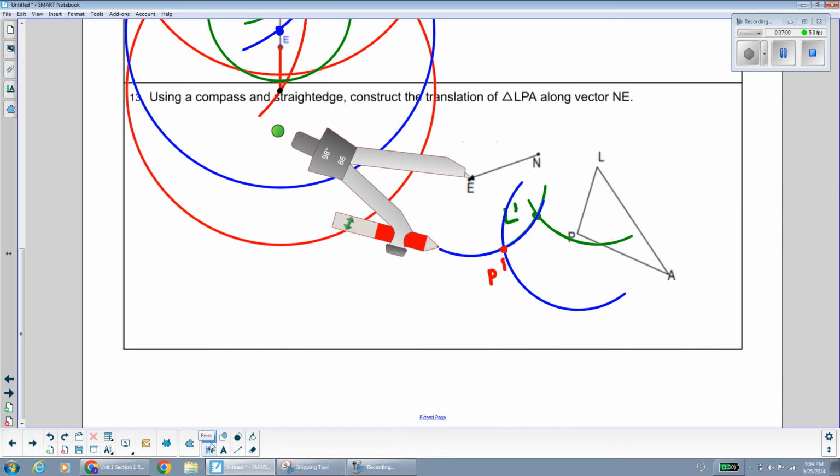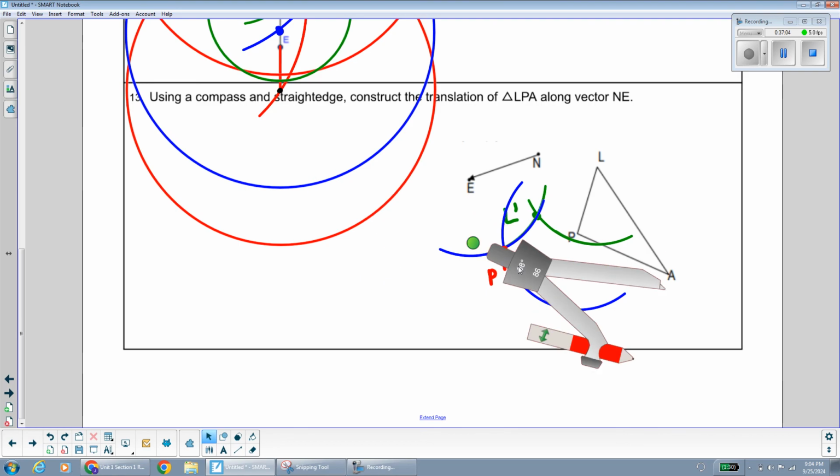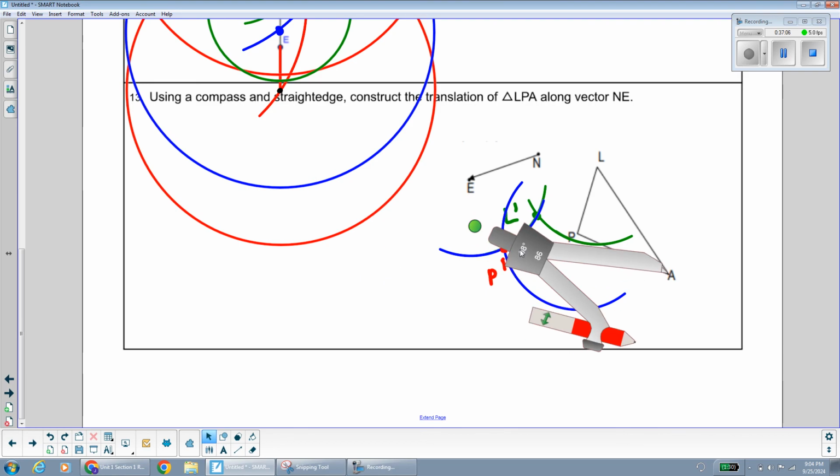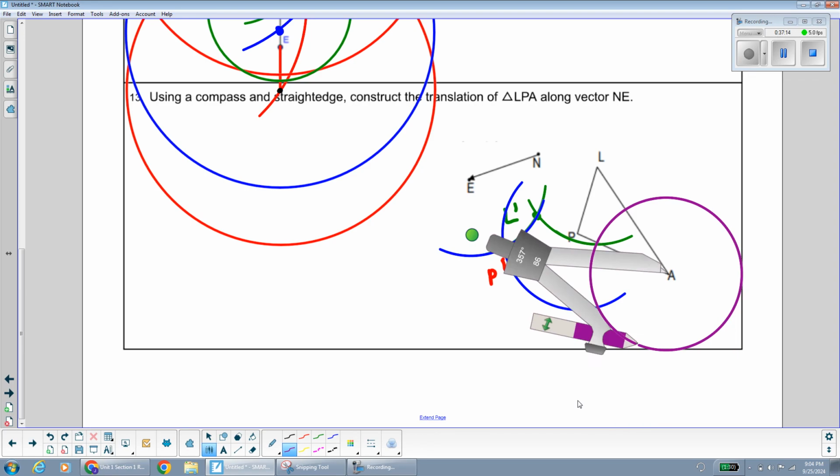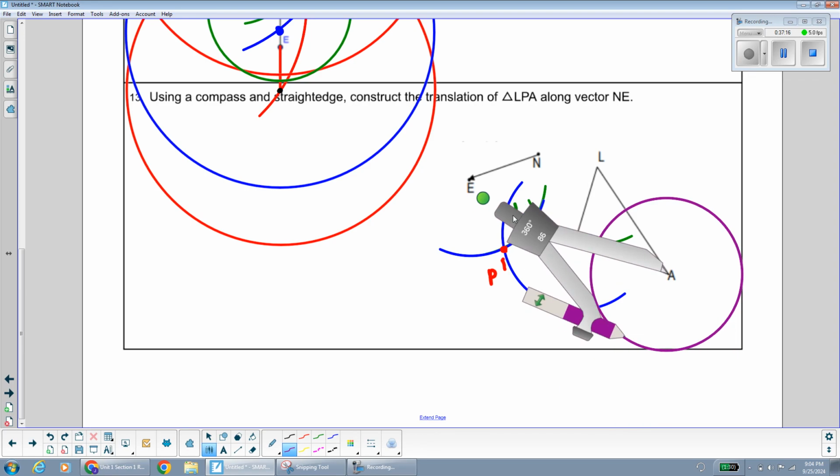And then finally, the last one is A. Same vector measurement. I'll make a circle because I don't want to miss the intersection for this one.